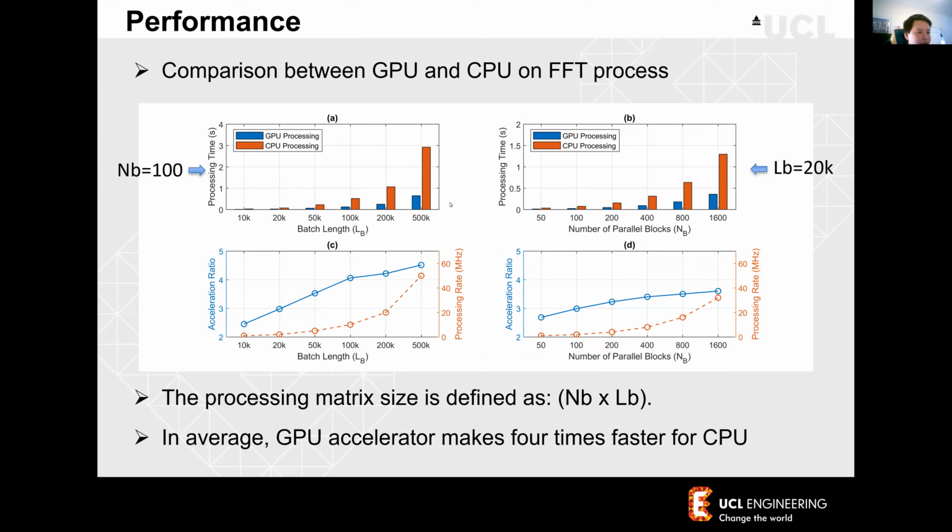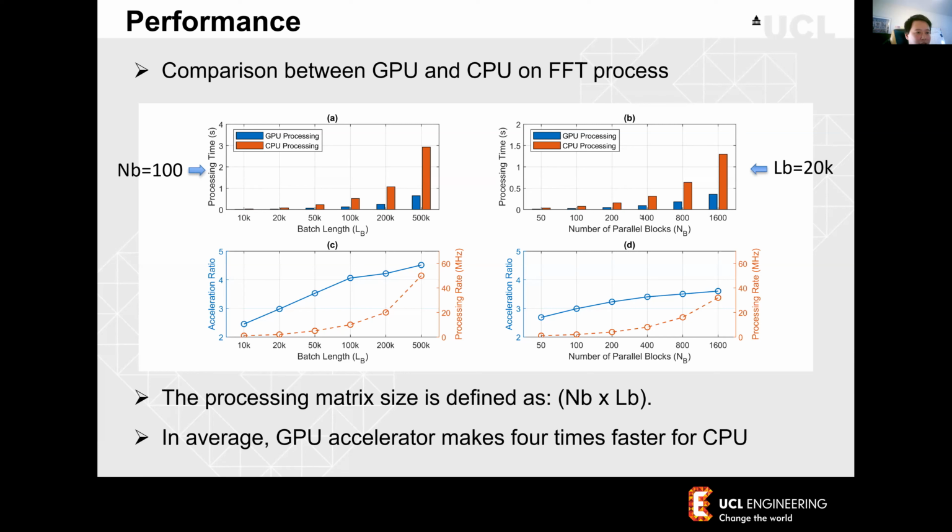And then just to show some performance for both the GPU and the CPU process. Here it's just taking a very simple 2D matrix FFT process. In A and C here, I keep the number of batches, as in number of blocks, at 100.